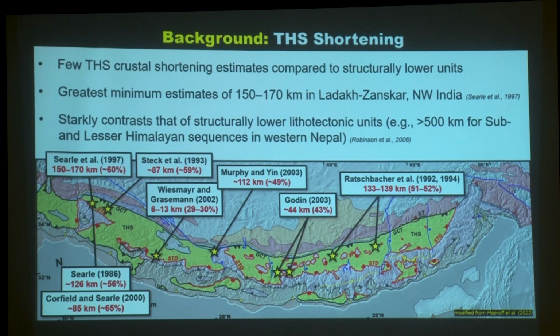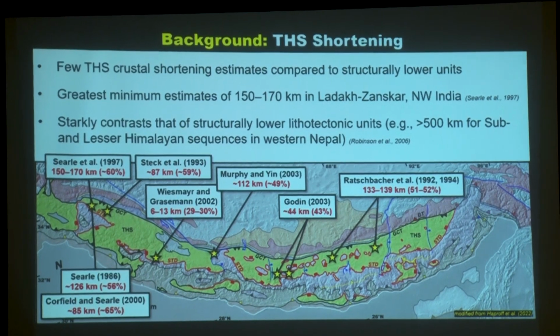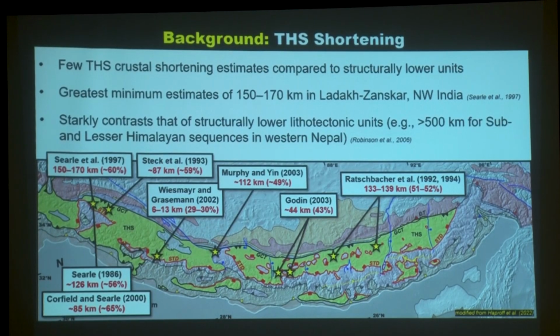This amount of shortening starkly contrasts that of the lesser Himalayan sequence or the sub-Himalayan sequence. In some places, like in western Nepal, there's thought to be over 500 kilometers of shortening.